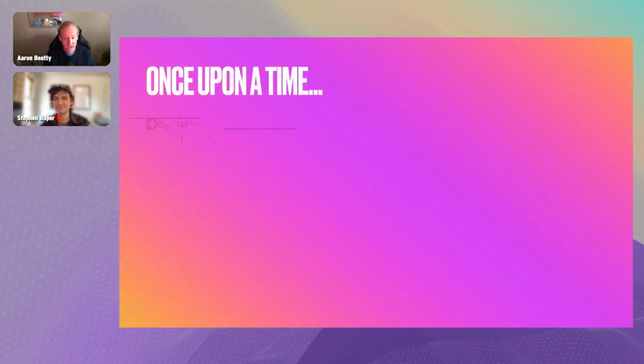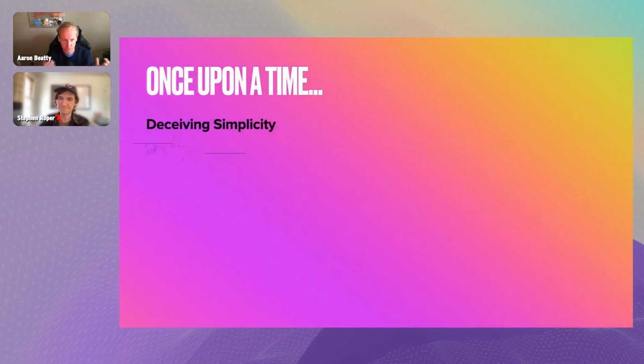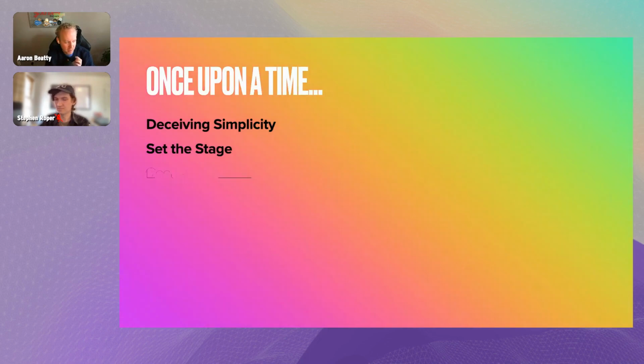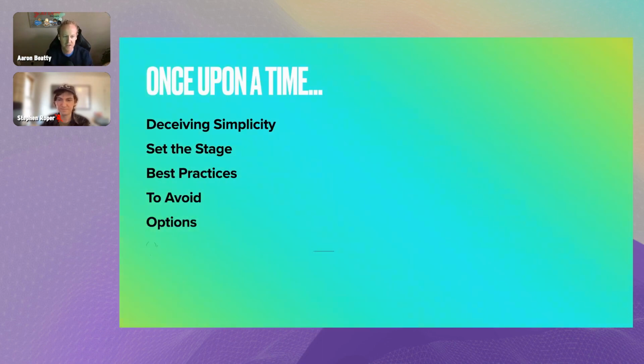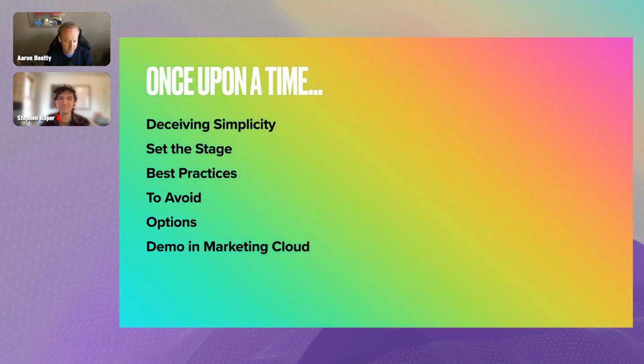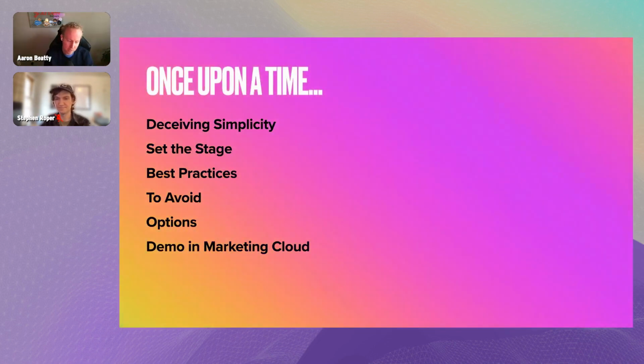So without further ado, let me stick with the metaphor that we're using and talk about once upon a time, kind of how this works. These are the things that we need to think through when we're thinking about an email preference center. Your email preference center might not be in Marketing Cloud. It might be in EPC and Pardot. It might be on another platform altogether.